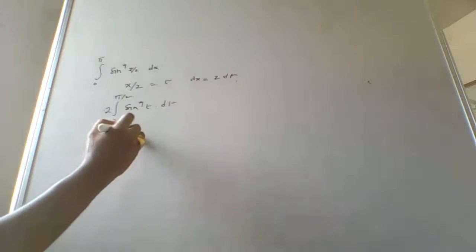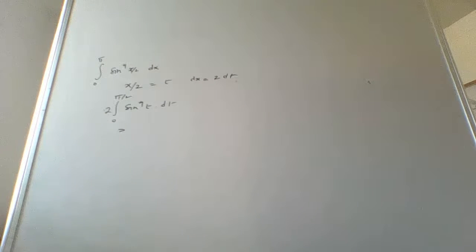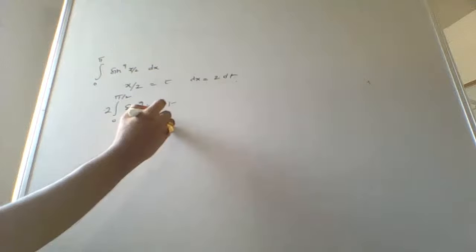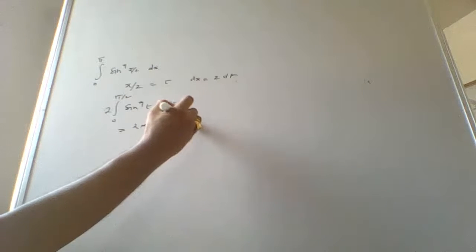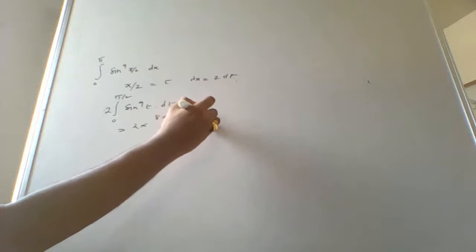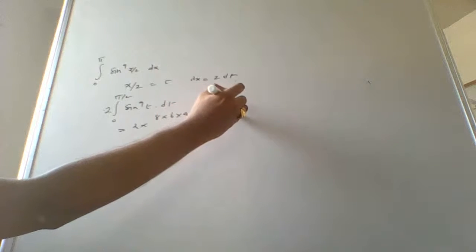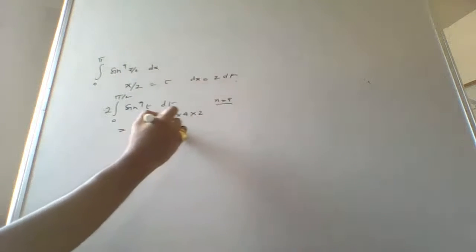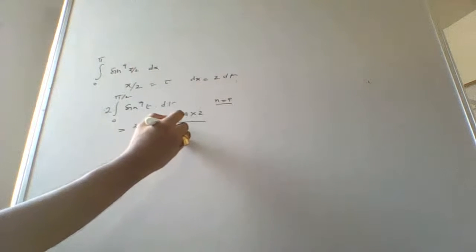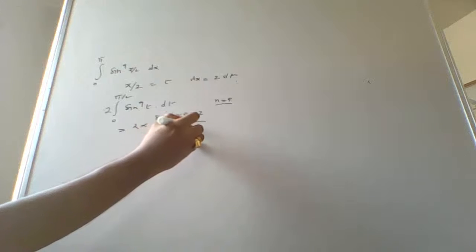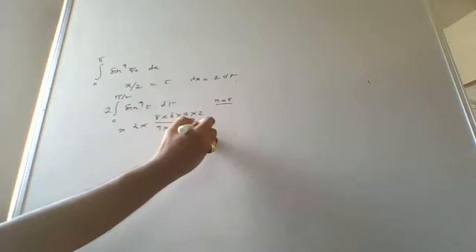Now we can use the reduction formula here, that is 2 times 8 into 6 into 4 into 2. Here n being 9, which is odd. Now in the denominator you will have 9 into 7 into 5 into 3.